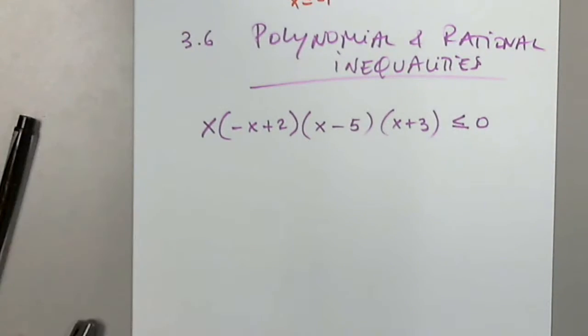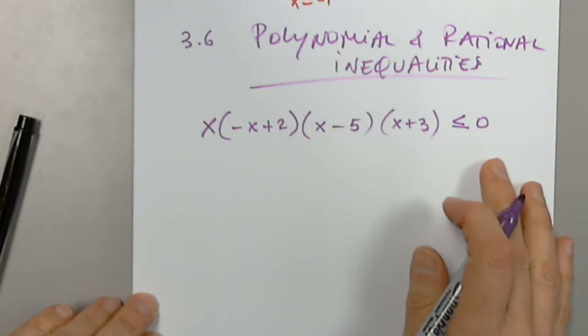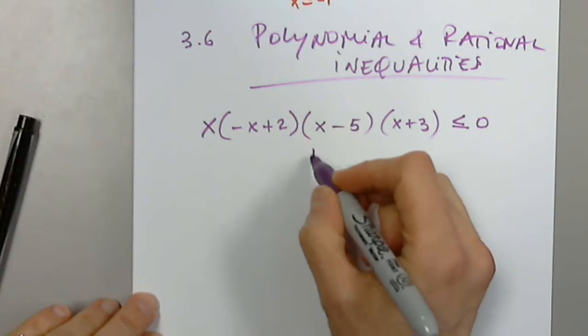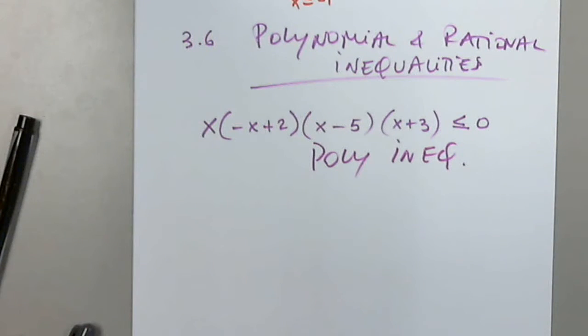Perfect. We're going to use this chart for solving it. We're asked to solve a polynomial inequality. When I'm asked to solve a polynomial inequality or any inequality, I'm really asked what? Find x that does what? Exactly.